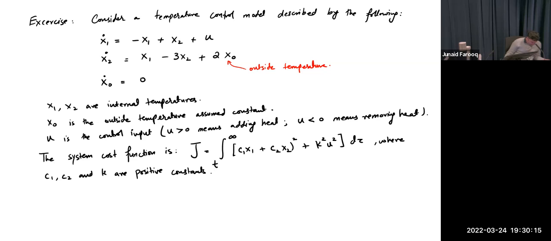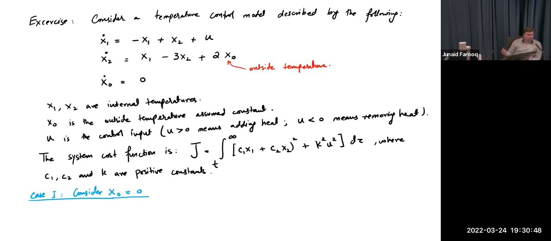Okay, so first thing is we can again start with the case where x0 is 0, and this is to simplify the derivation of the controller. Otherwise, it will be a 3 by 3 system, and that makes it more complicated because the Riccati equation will be a 3 by 3 matrix, and we will have more variables to solve for.